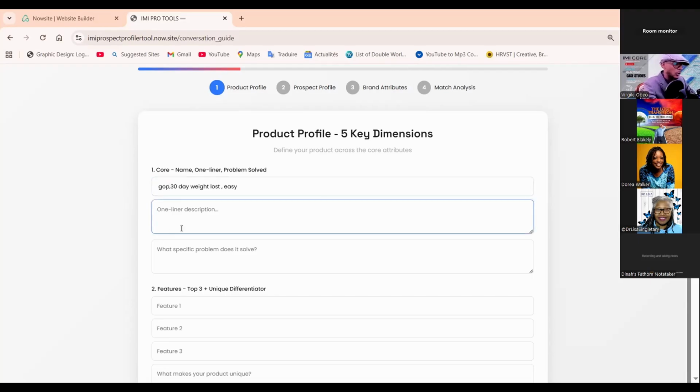You said it's GLP-1 based, right? Yeah. So say GLP-1 support kit. So we'll call it like that. Now, I gather that this is very specific for those who understand what it is.